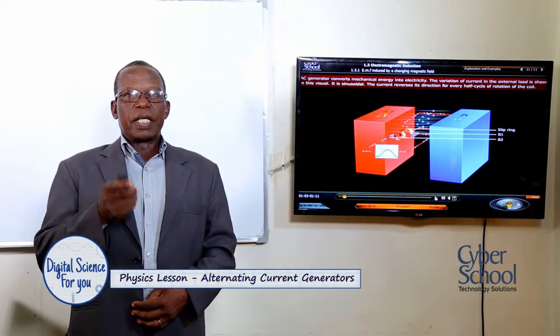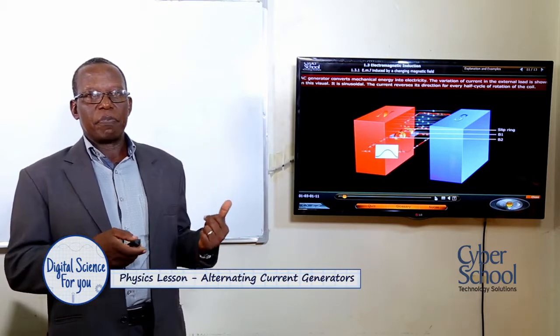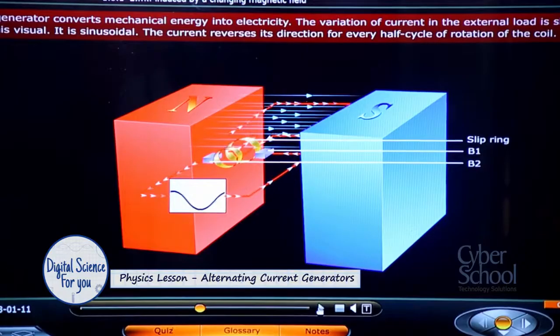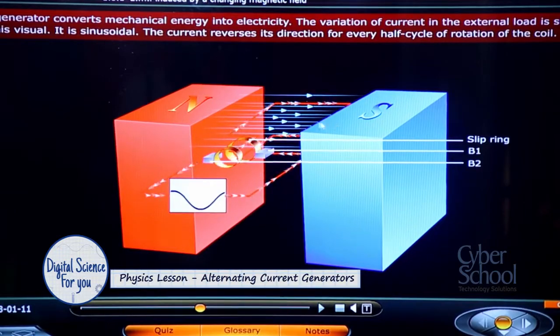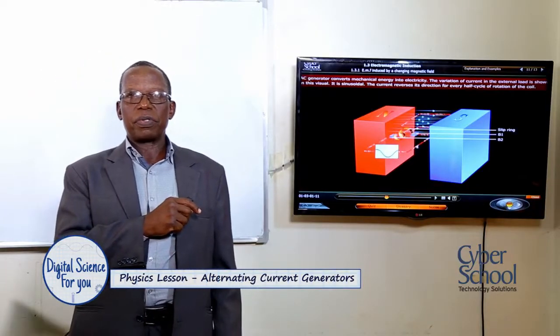Now, the AC generator is made up of the parts as shown in this animation. We said it has two poles of magnet, the North Pole and the South Pole. It also has a rectangular coil of wire in between the two poles.